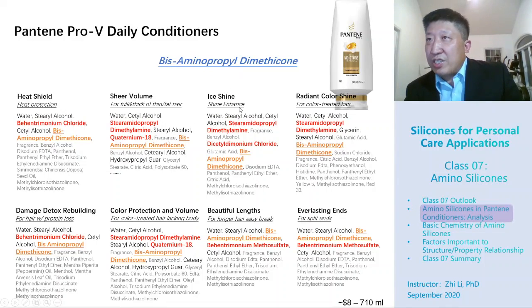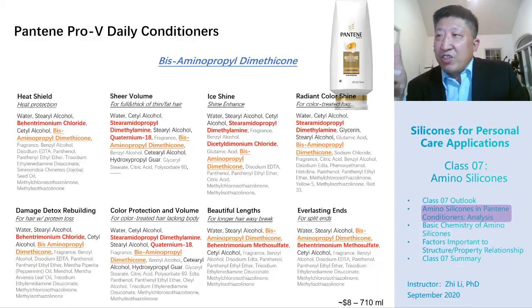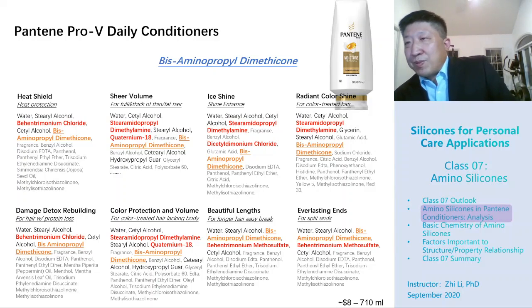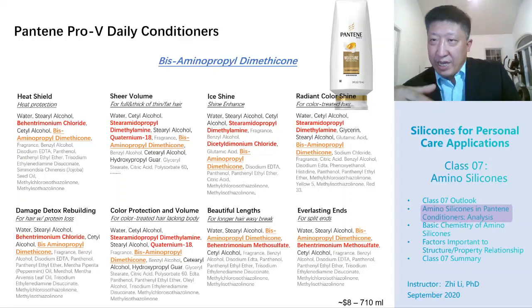Shine is really about shine enhancement, and there are all different things. They might find some performance difference by fine-tuning alcohol selections and particular cationic surfactants, and they might use slightly different bis-aminopropyl dimethicone, for example, for repair.